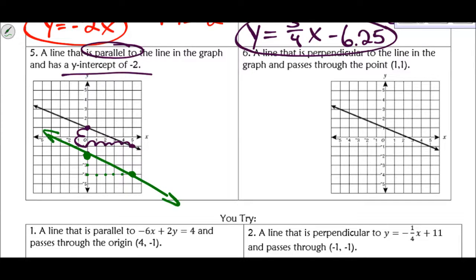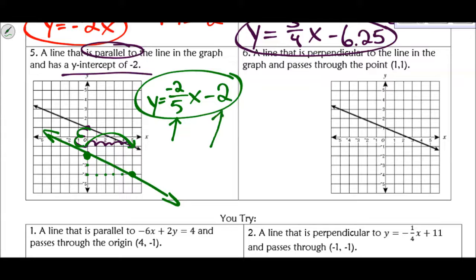That's my new line. And I pretty much have the equation already. I just said the slope, I just counted it out. -2 is my rise, -2. And over 5, ran 5 to the right, that's my run. So that's my slope, rise over run. -2, that's my y-intercept.